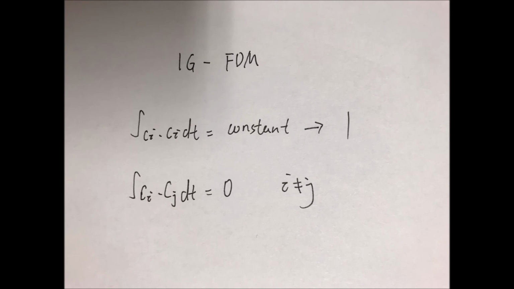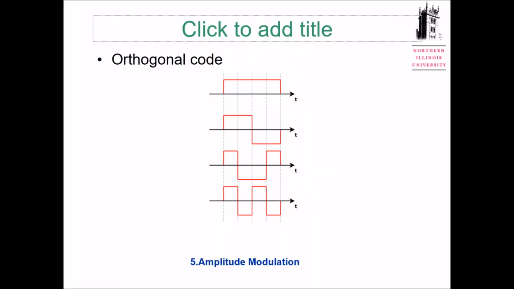However, when i does not equal j, for example code 1 mixed with code 2, I'm going to cancel, plus minus cancel. Code 1 mixed with 3, also. Code 1 mixed with number 4, the integral will be canceled. So this means orthogonal. Each code mixed with itself, I get some value. Mixed with all others, I get 0.